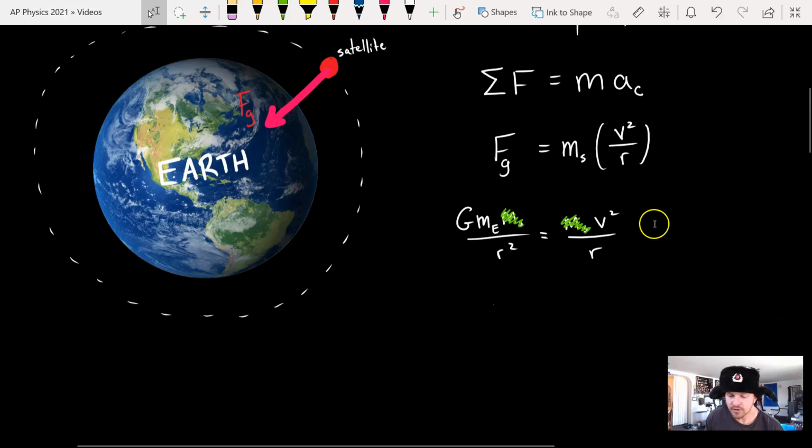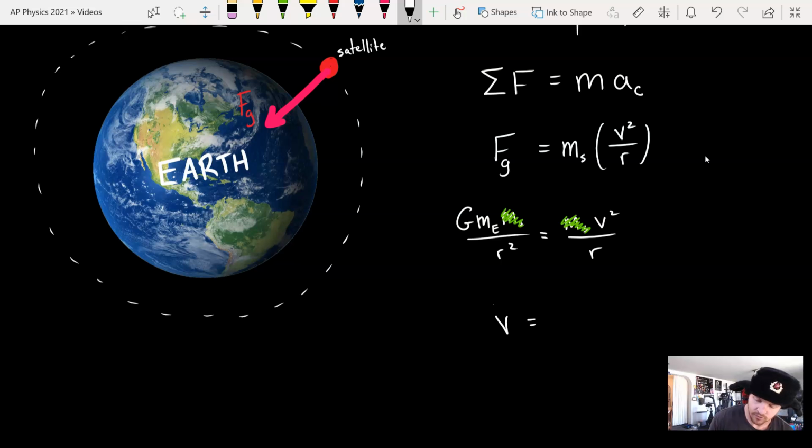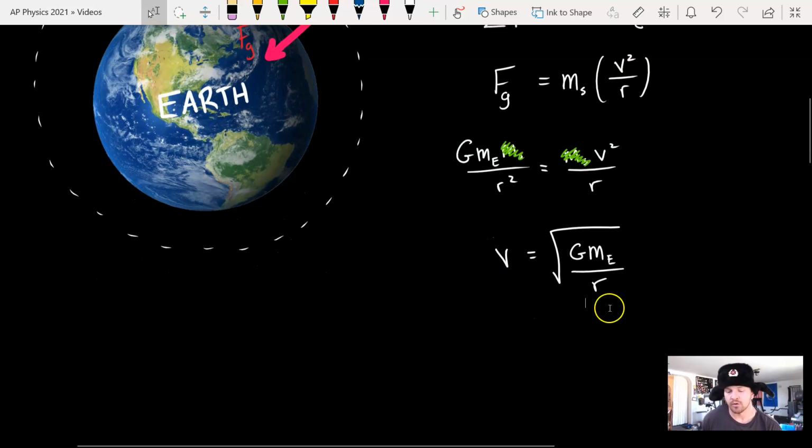And when I rearrange these variables to get the speed, I end up with speed is equal to the square root of G times the mass of the Earth divided by the distance between them. Okay? That's all underneath that square root sign right there.